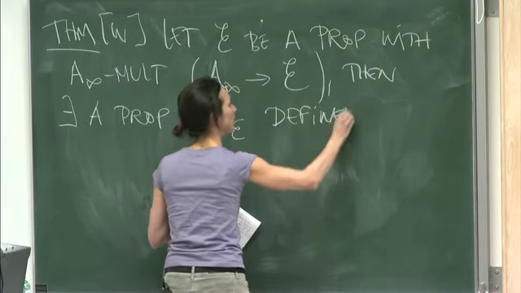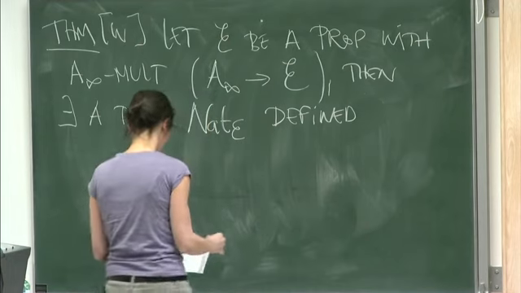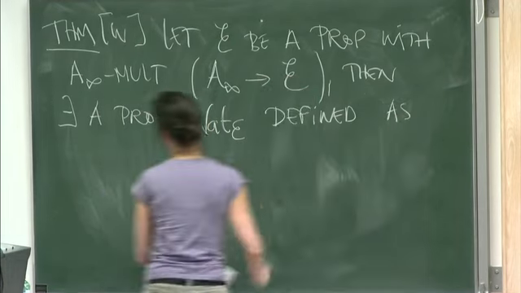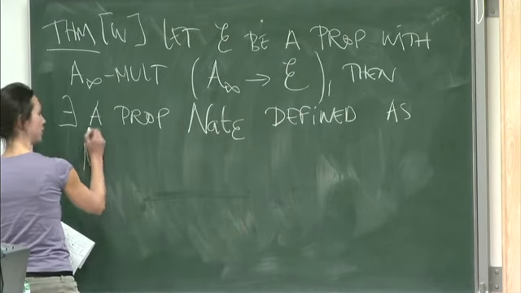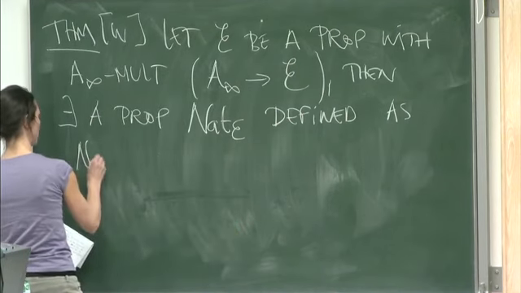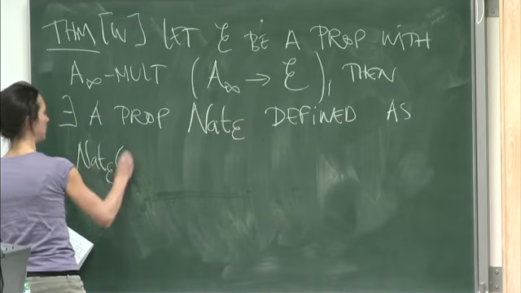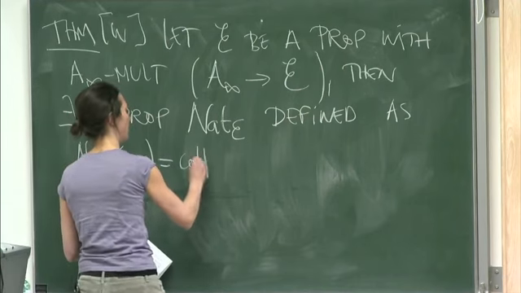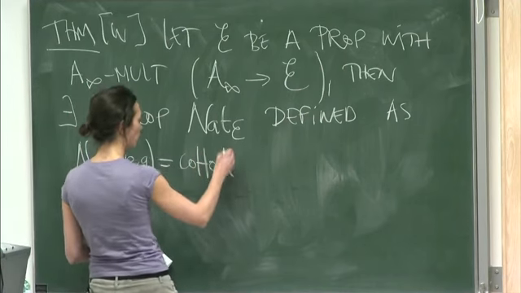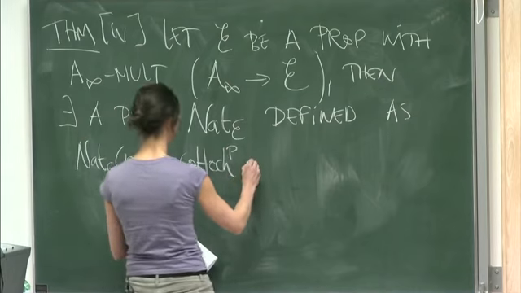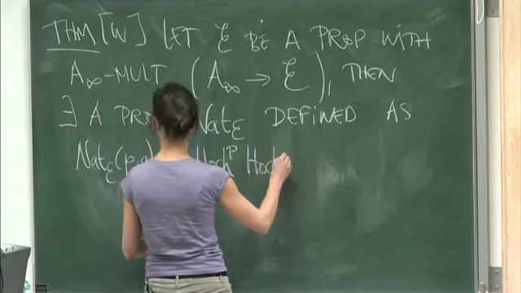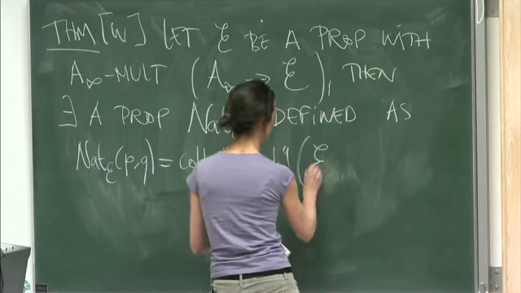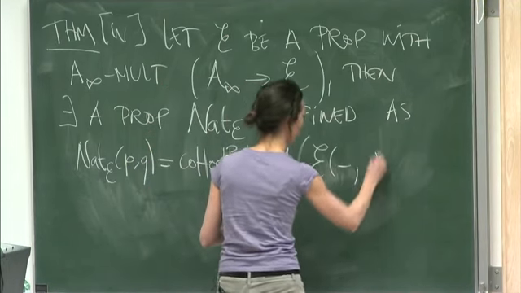One way you can define it explicitly: I have to tell you what the operations from p to q are, and there is some sort of iterated co-Hochschild construction and Hochschild construction which you apply in some manner to your prop.